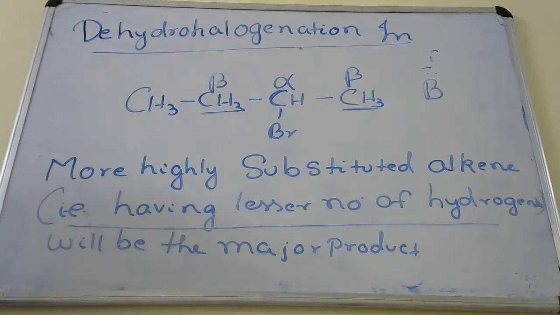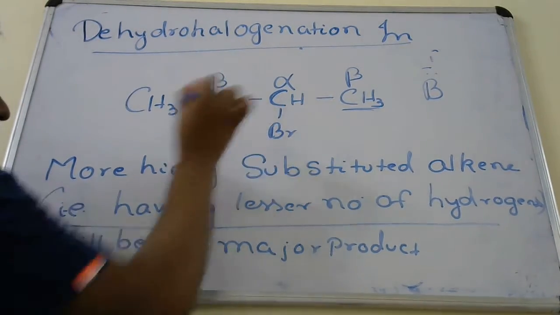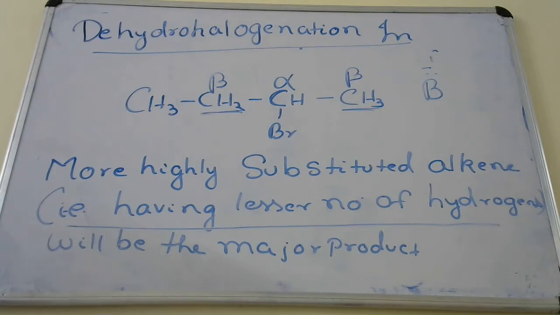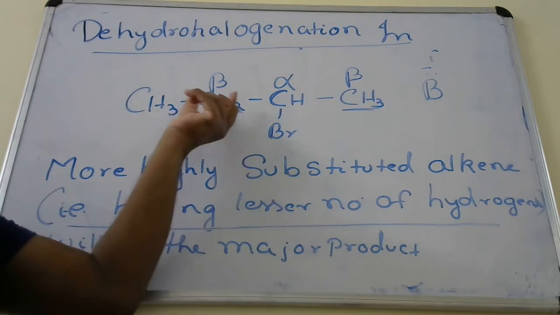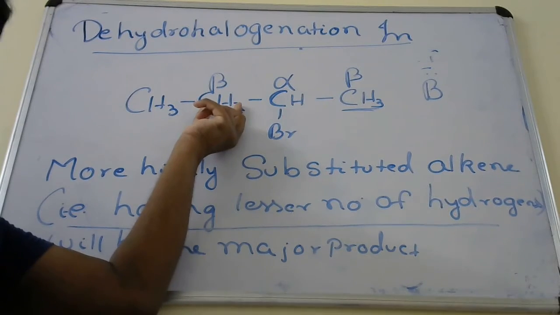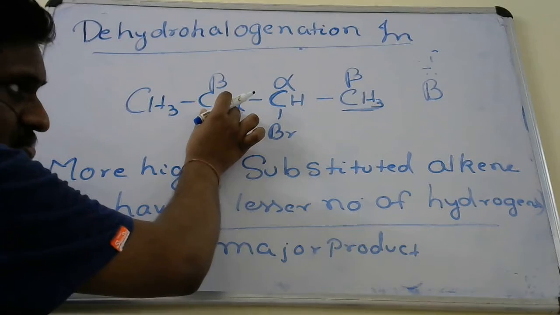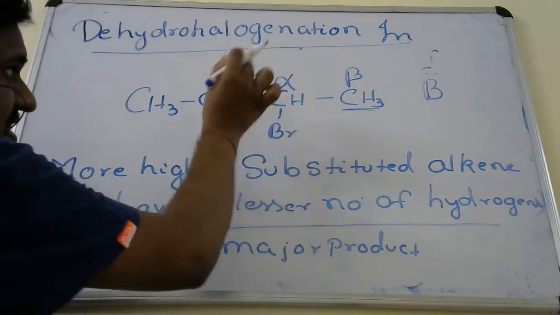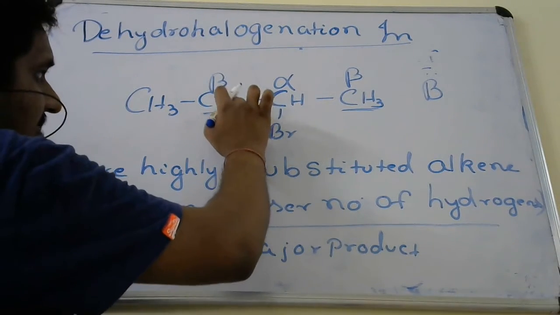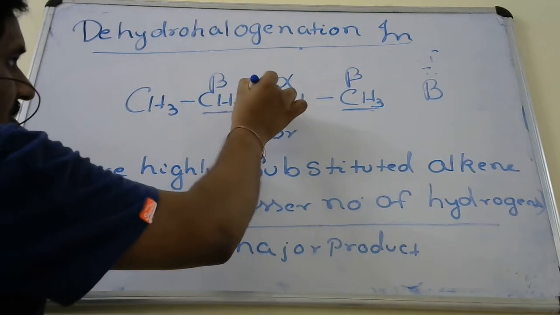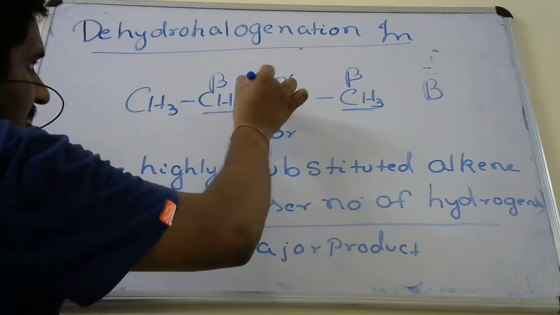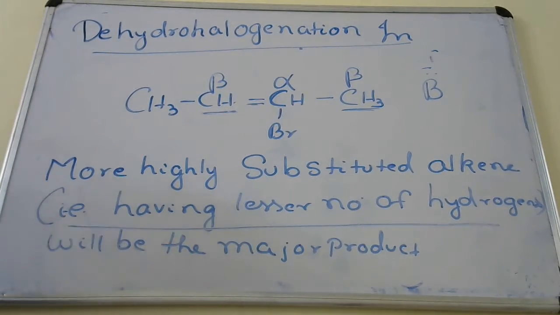Obviously this one has 2 hydrogens. The beta carbon which has a lesser number of hydrogens, from there only the hydrogen will be removed. From there the hydrogen is removed, which means the double bond will come in between alpha and beta.